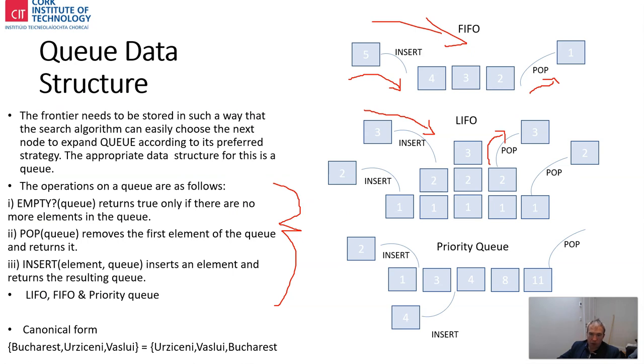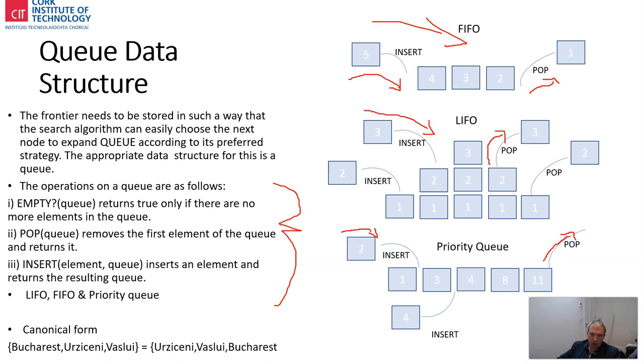A priority queue pops the element of the queue with the highest priority according to some ordering function. And this ordering function typically is specified by you. So if we're inserting a node with a priority of 2, based on whatever the ordering function is, it will get inserted after the nodes with priority 1 and before the nodes with priority 3.